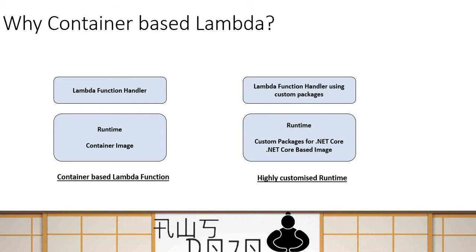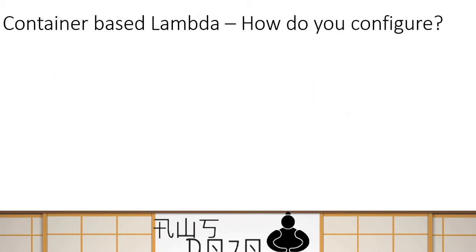Okay, so how do we configure a container-based Lambda function? The starting point is a Docker file, because first you need to create a container image. And in order to create the container image, you configure a Docker file.